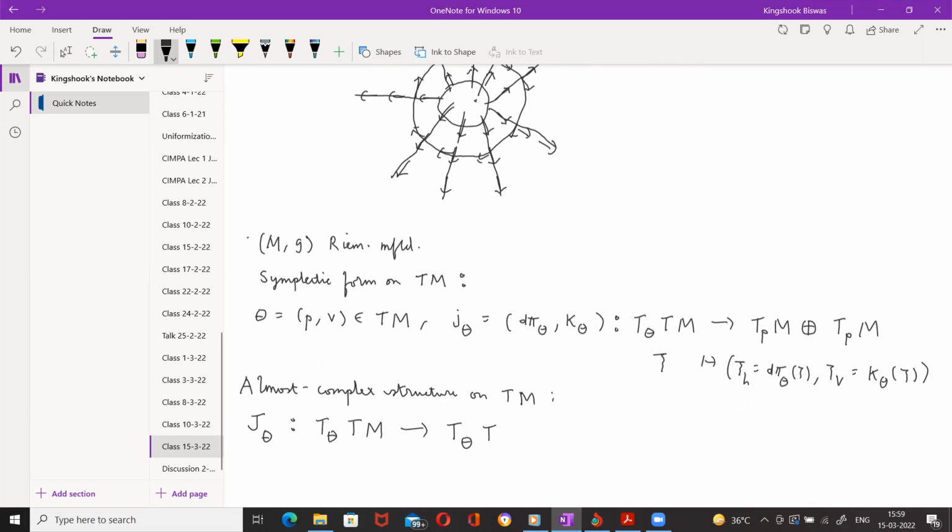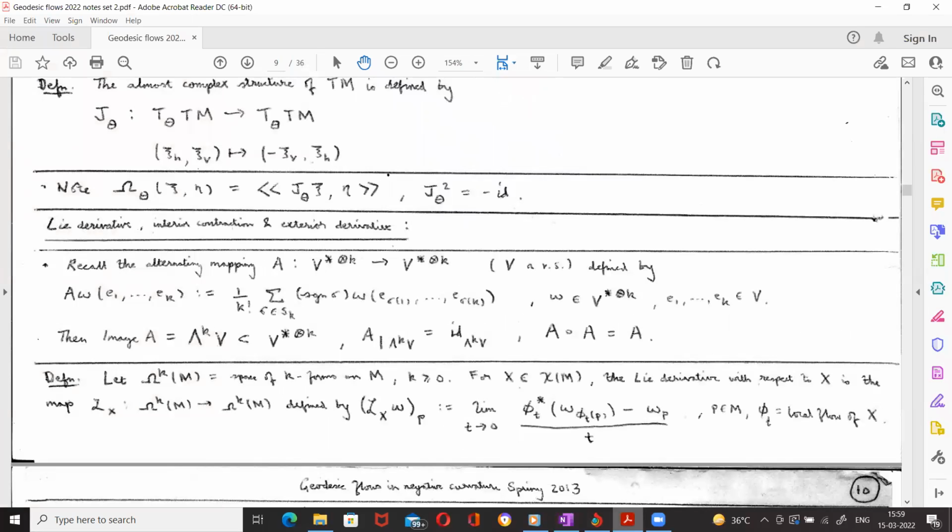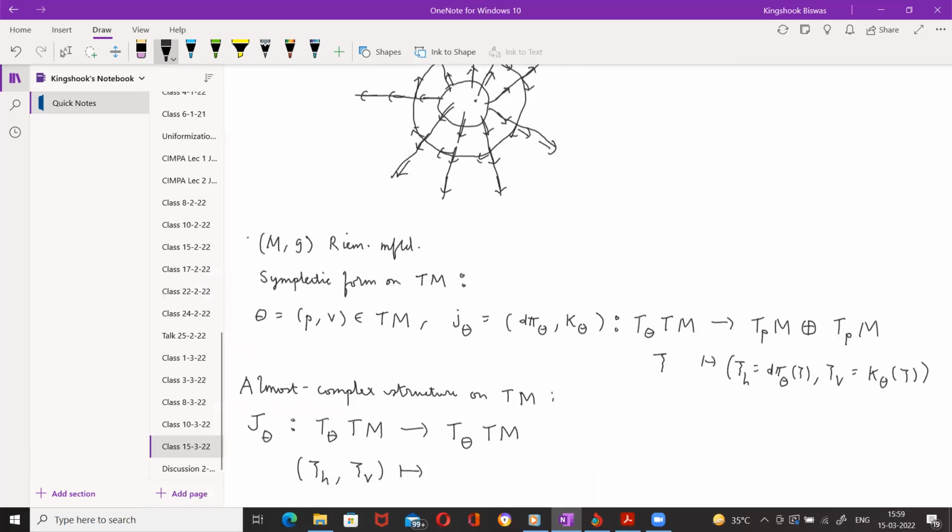We write elements of T theta TM in terms of their horizontal and vertical components, as a pair (xi h, xi v). This maps to (minus xi v, xi h). So note that clearly, if I apply this twice, J theta squared is equal to minus identity. Is this clear?